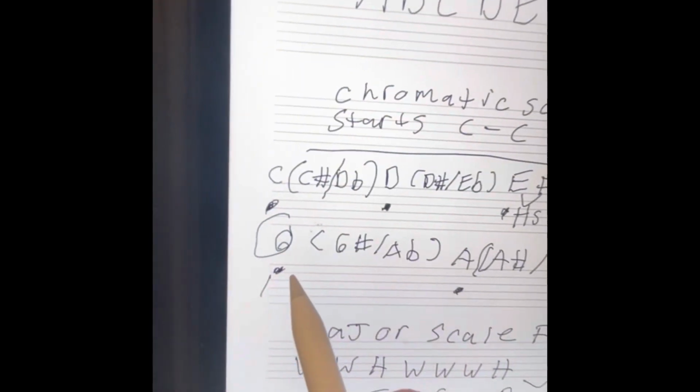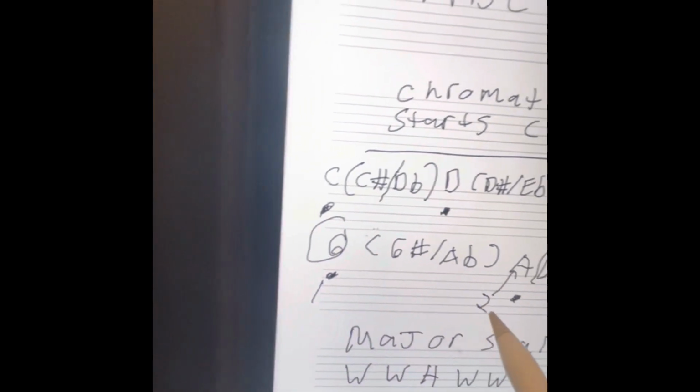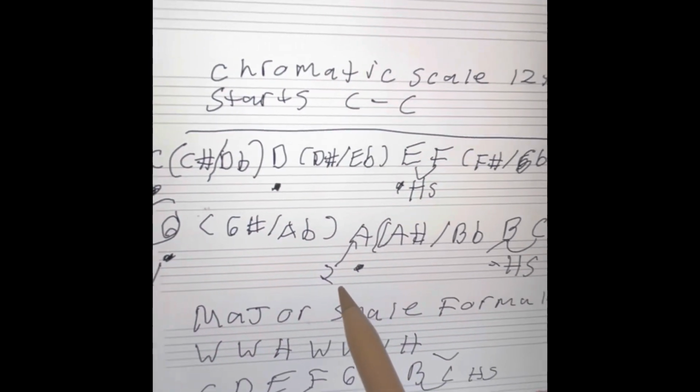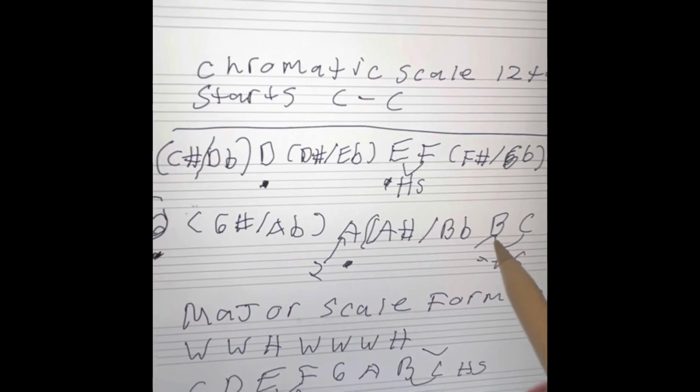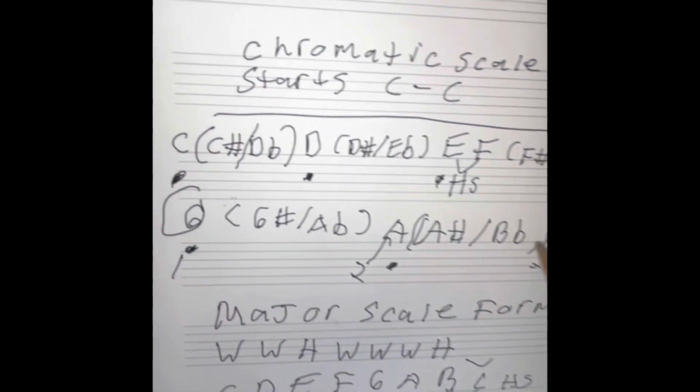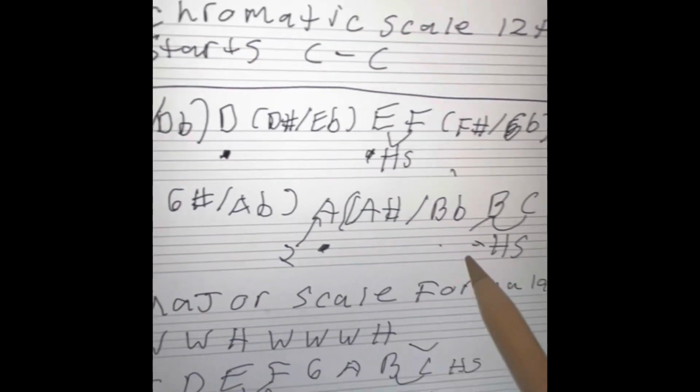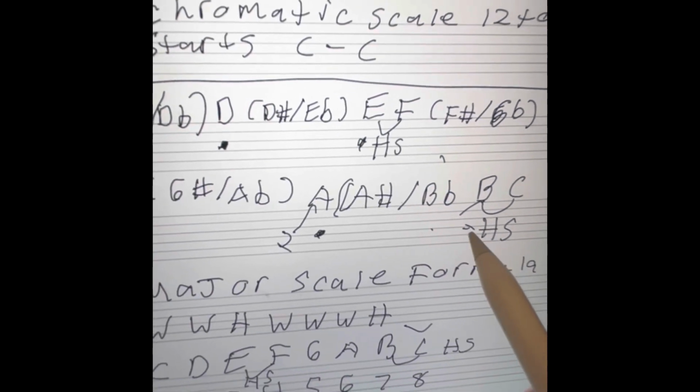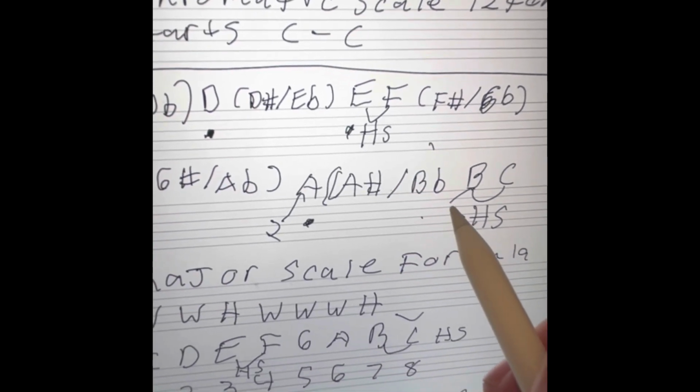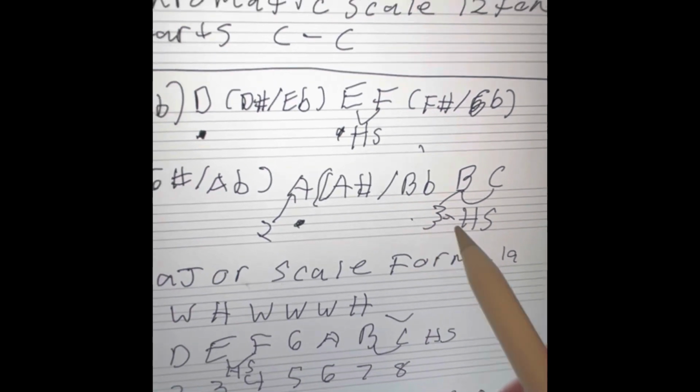And then G would go to A, so that would be your first whole step. So that would be scale degree 2. Then A would go to B, so that is your other note there. So A to B, which would be 3.